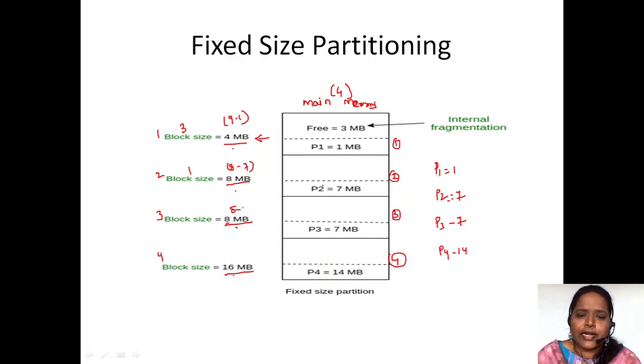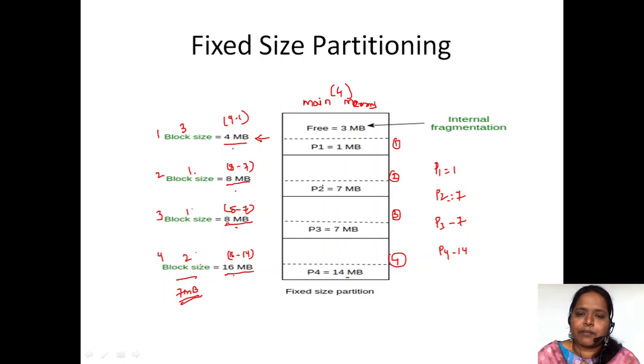Here also 8 minus 7, 1 MB is left over. P4 block size is 16 MB and P4 needs only 14 MB. That means 16 minus 14, 2 MB is left over. So how much space is left over? 3 plus 1 is 4, 4 plus 1 is 5, 5 plus 2 is 7 MB left over.